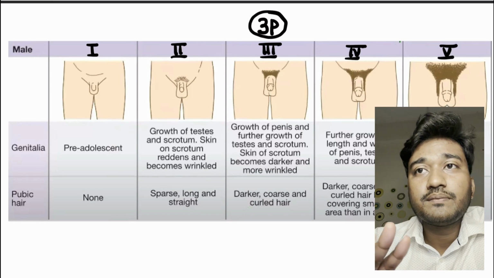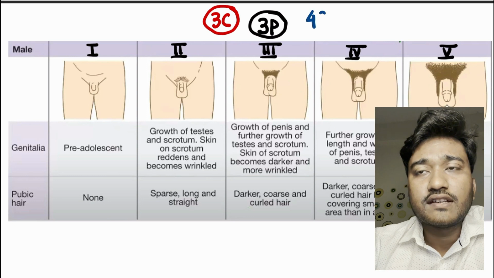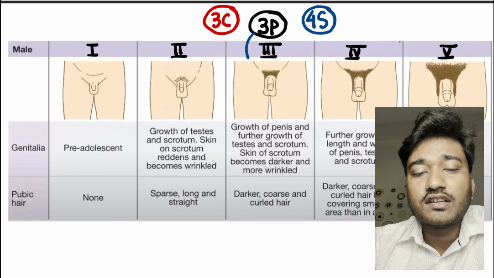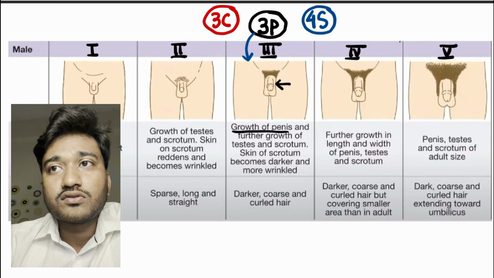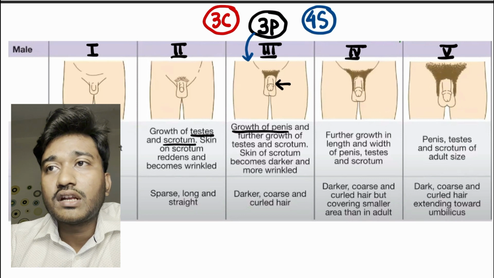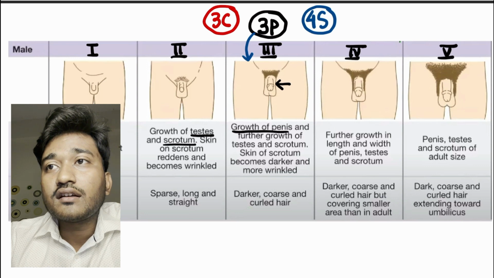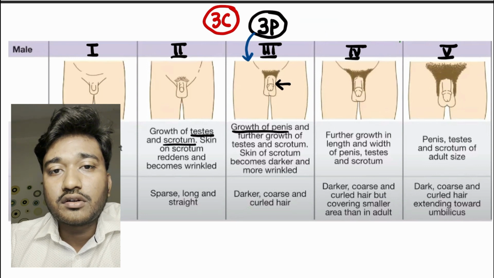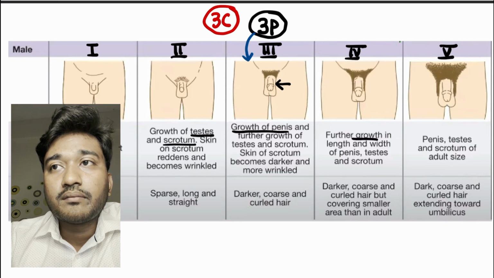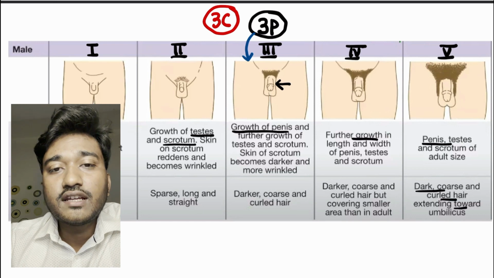So 3C, 3P and 4S. 3P means from the third stage there is penile enlargement as well as much more rugosity in the scrotal skin. In stage 4, the hair also increases and there is more penile enlargement. In stage 5, it's like total adult size. And another thing, the hair grows towards the umbilicus. In case of female, the hair grows towards the thigh, but here the hair grows towards the umbilicus. That is the main difference in stage 5.